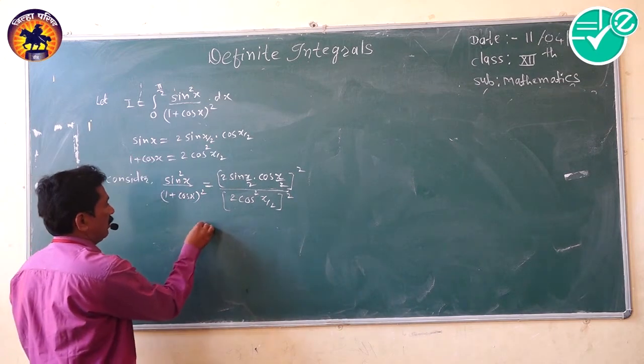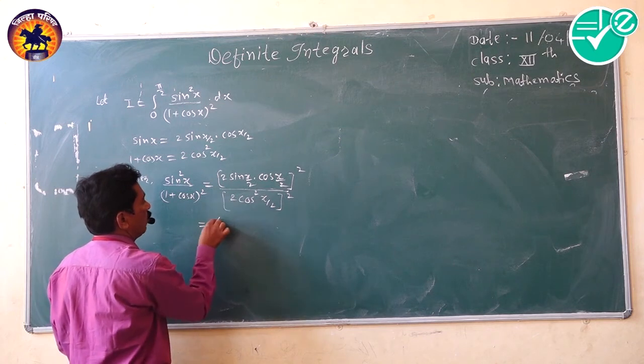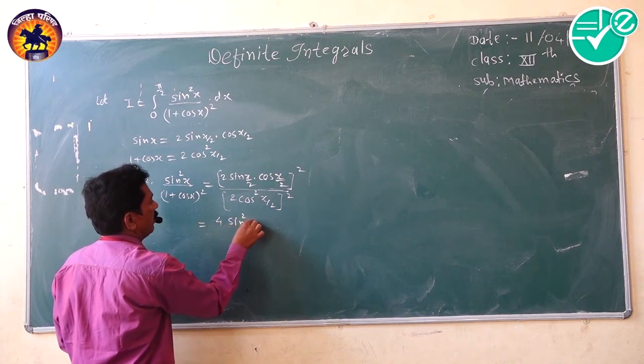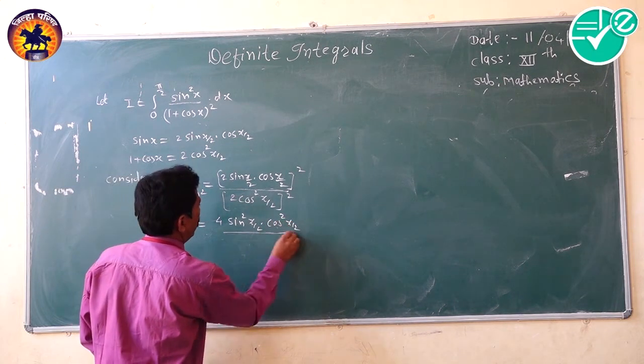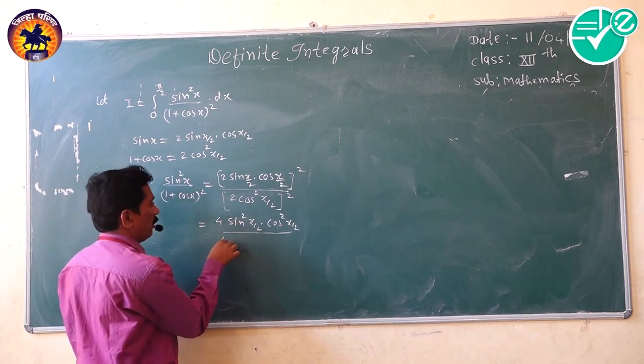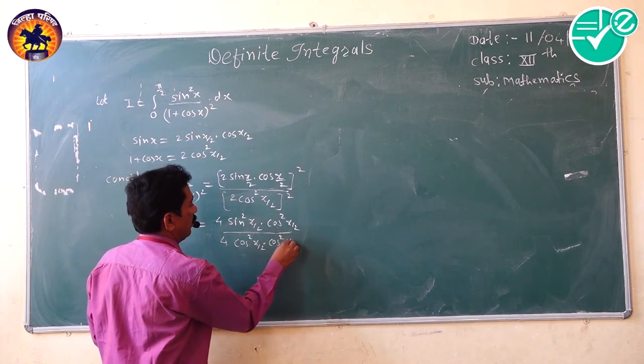This is nothing but, squaring this, 4 sin square x by 2 into cos square x by 2 divided by 4 cos square x by 2 into cos square x by 2.